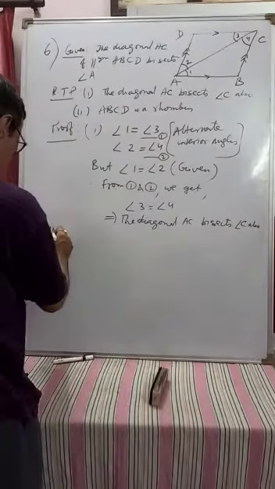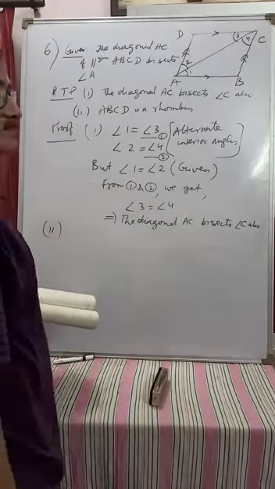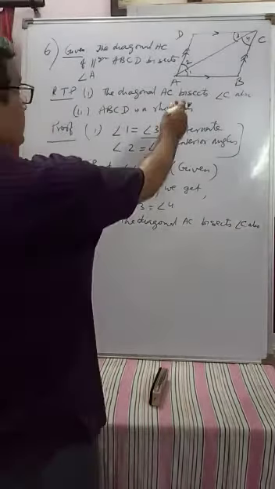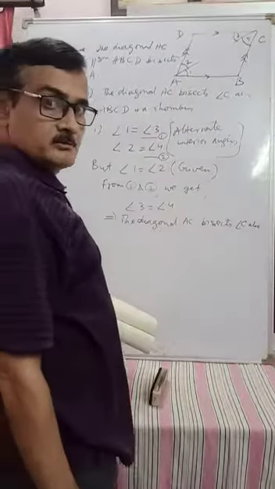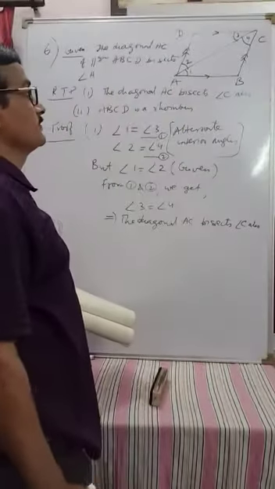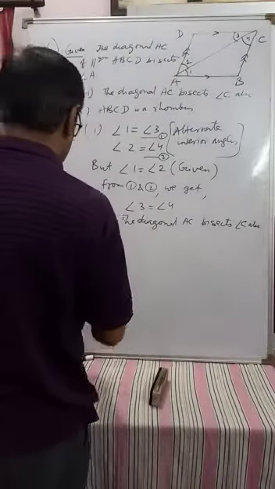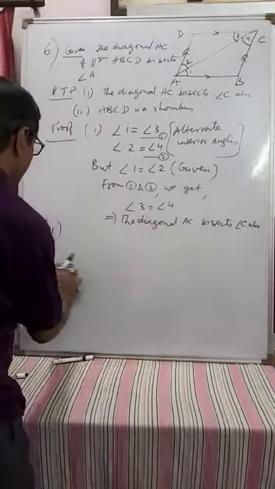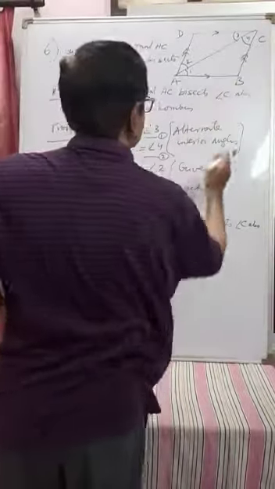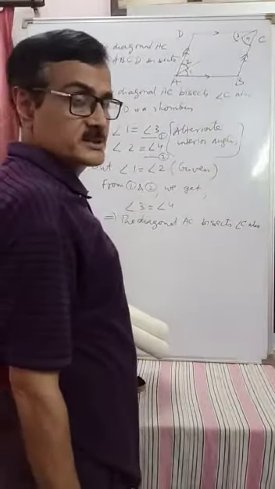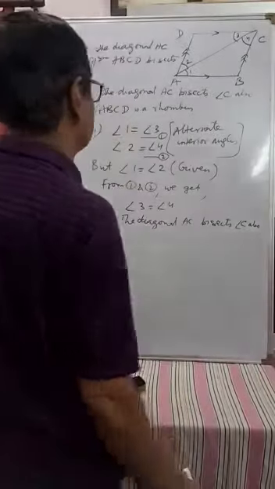Now the second part. A parallelogram will become a rhombus if and only if any two adjacent sides are equal. So for that we are going to prove that any two adjacent sides, suppose AB and BC, are equal, then it will be a rhombus.